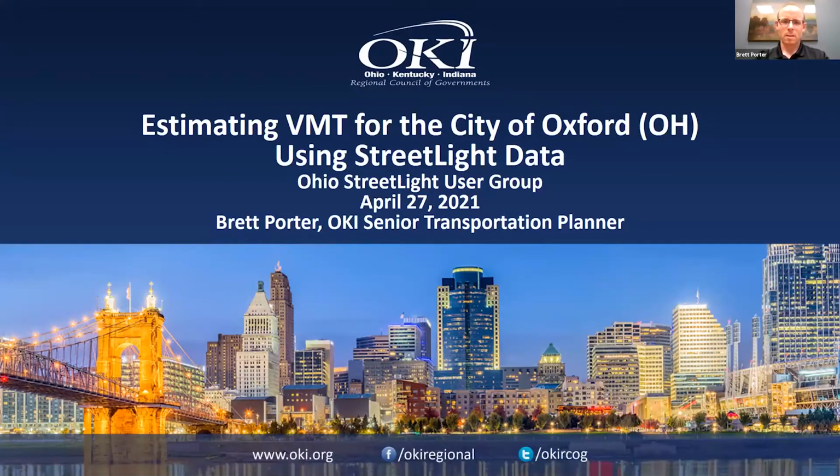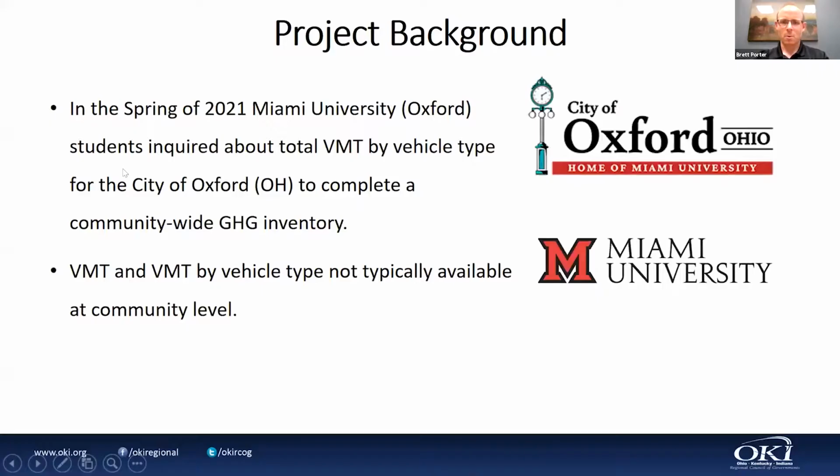I did a project where I had to estimate the VMT for the city of Oxford using StreetLight Data. How that came about was Miami University students reached out to me and OKI back probably in March, I think it was, or February. They were working on a project to complete a community-wide greenhouse gas inventory for the city of Oxford.